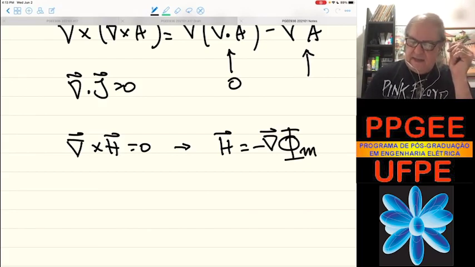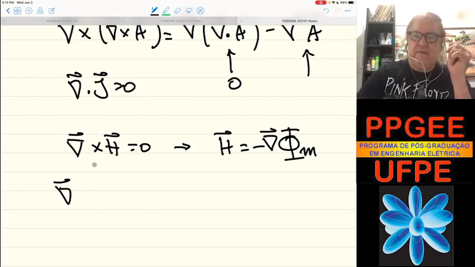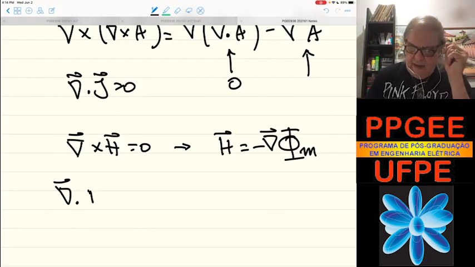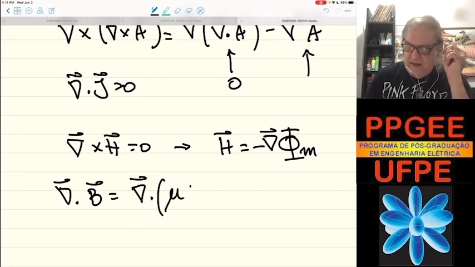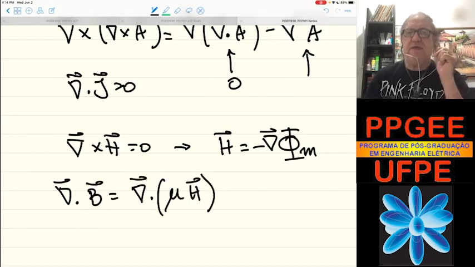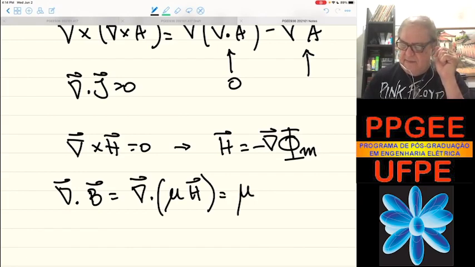Then you can plug that into the divergence of B, which equals the divergence of mu H. For a homogeneous medium, this is mu times the divergence of H, which is 0, right?